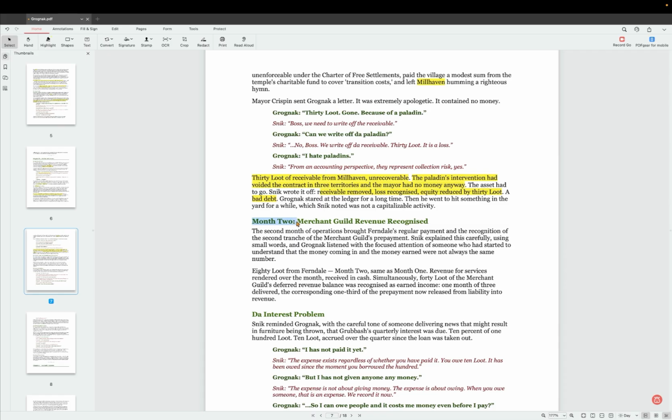So it's the second month of operations. It's all about the merchant guild and its prepayment. When the revenue is recognized, the revenue balance was recognized as earned income.